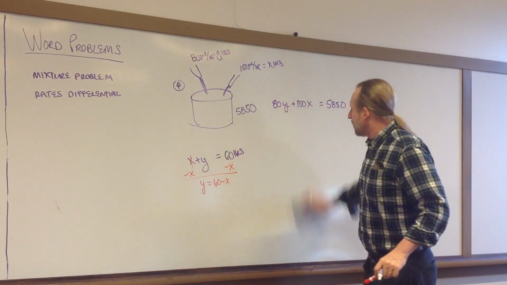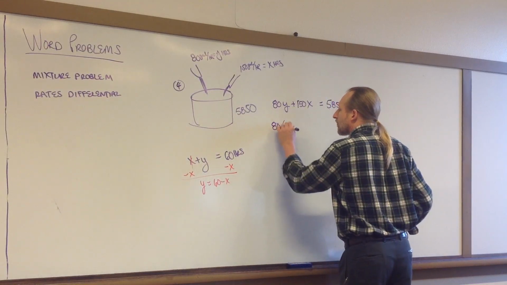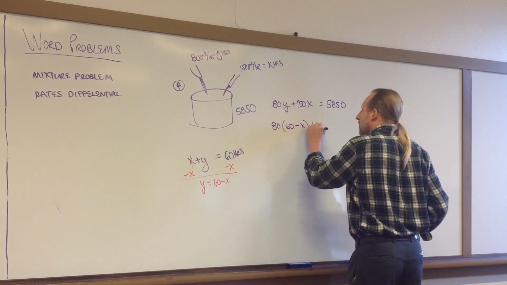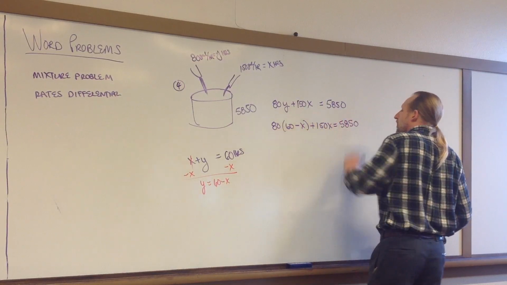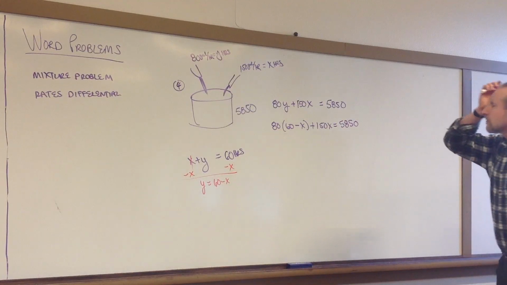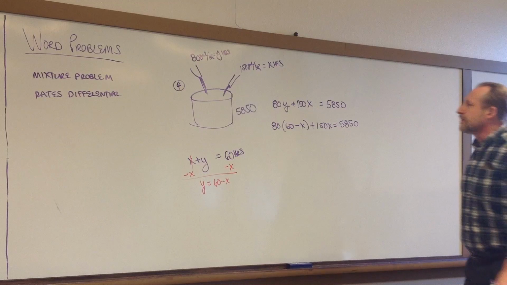And then we know that y is 60 minus x. Okay, so there's our setup. This is the equation that's going to give us a solution.